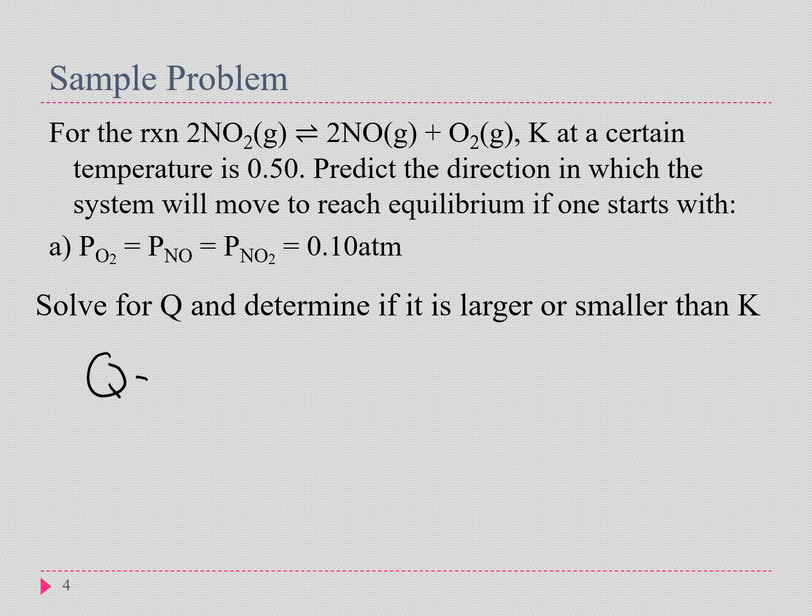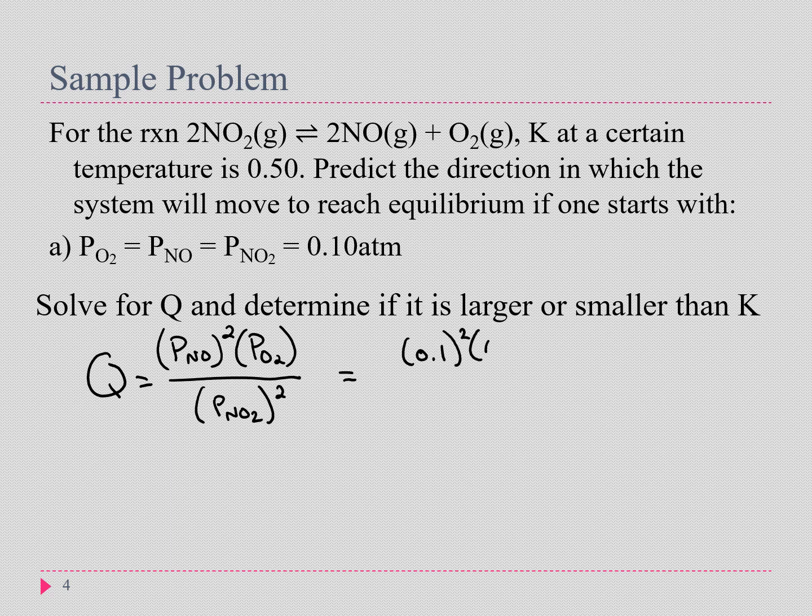So Q is going to be equal to the partial pressure of nitrogen monoxide squared times the partial pressure of oxygen, divided by the partial pressure of nitrogen dioxide squared. Well, this is going to be equal to 0.1 squared times 0.1 divided by 0.1 squared. Well, this is equal to 0.1.